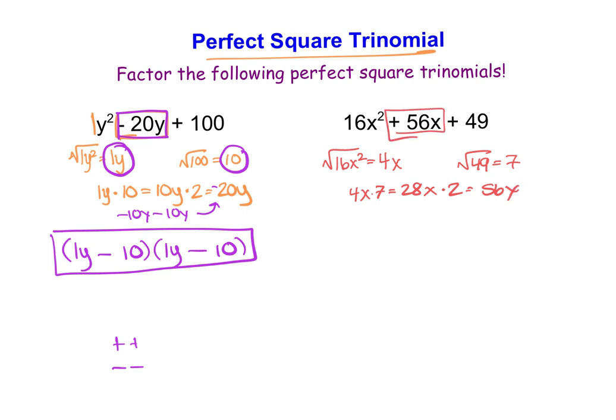So I can see that I do, in fact, have a perfect square trinomial. So now I can take my 4x and my 7 and put them into my parentheses. 4x and 4x in the front, 7 and 7 in the back, and then I have to decide, is this two plus signs or two negative signs?